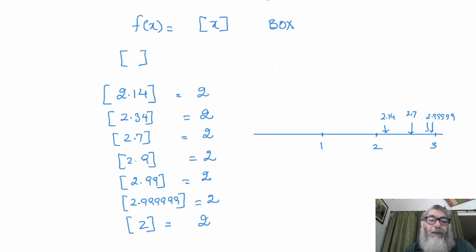Because 2 is an integer, there is no fractional part in it. So any number between 2 and 3, it includes 2 but it does not include 3. The greatest integer function in this range will be equal to 2.